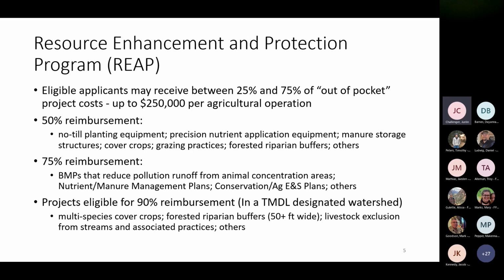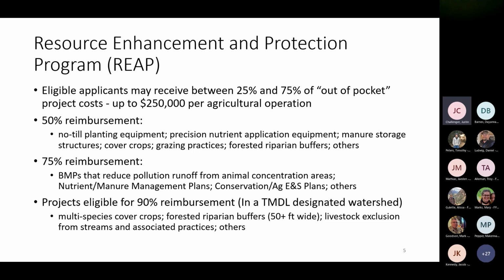It bumps up to 75% for the more Cadillac type things, like animal concentration areas, and the planning is included in that 75% category. There is a category for up to 90% for very specific TMDL watersheds, for multi-species cover crops, riparian buffers, forest buffers, and livestock exclusion. Those are eligible at 90% reimbursement.